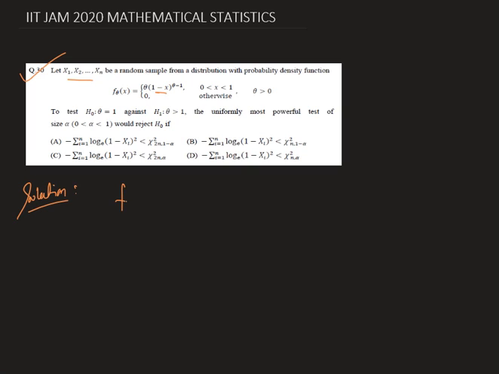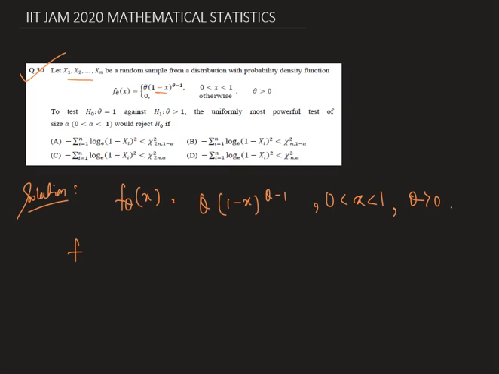Solution. By the question, the random sample is drawn from a distribution with PDF theta multiplied by (1 minus x) to the power theta minus 1, where x is between 0 and 1 and theta is greater than 0.